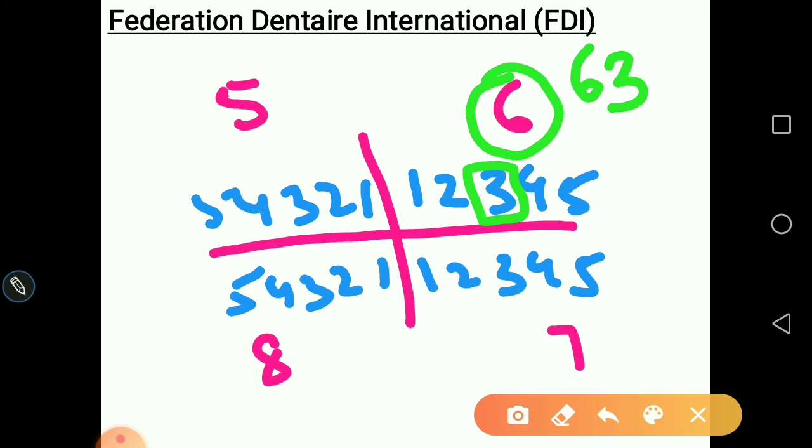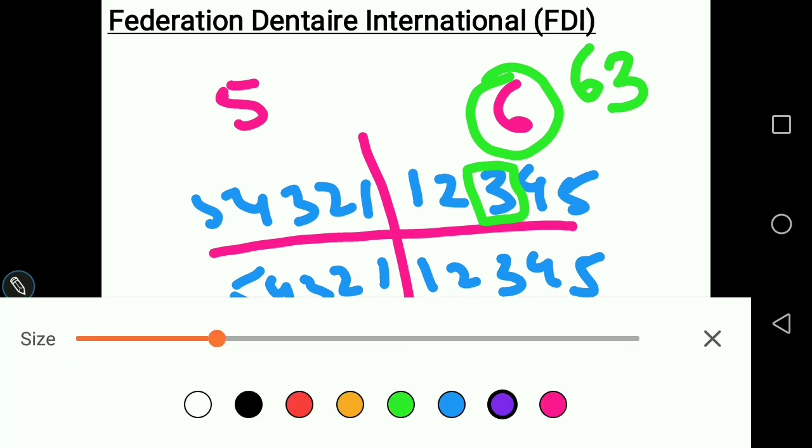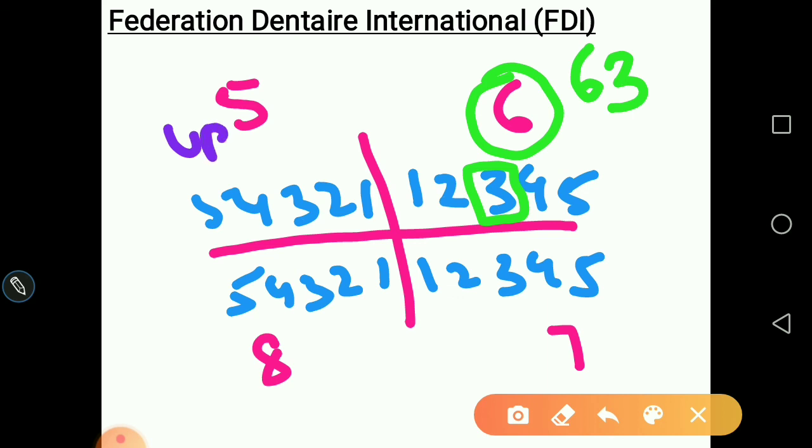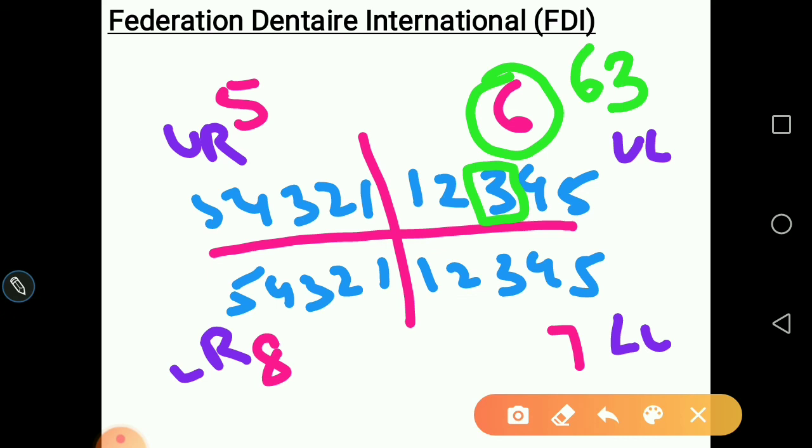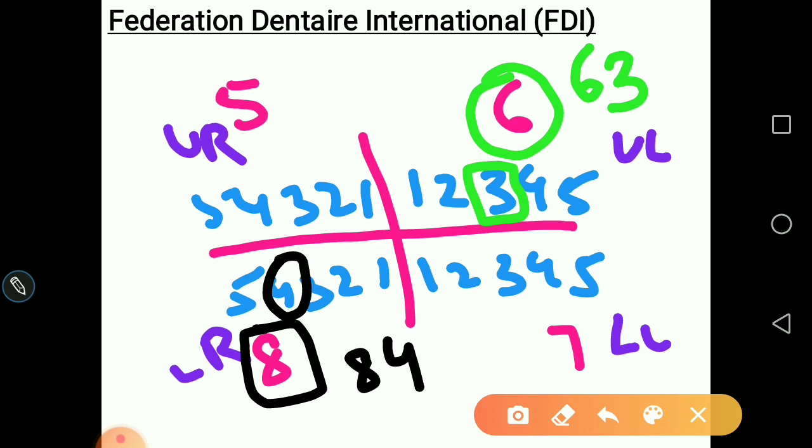Same, upper right, upper left, lower left and lower right. If I say lower right first molar, so lower right is 8 and first molar is 4. So it's 8, 4. I hope you understand.